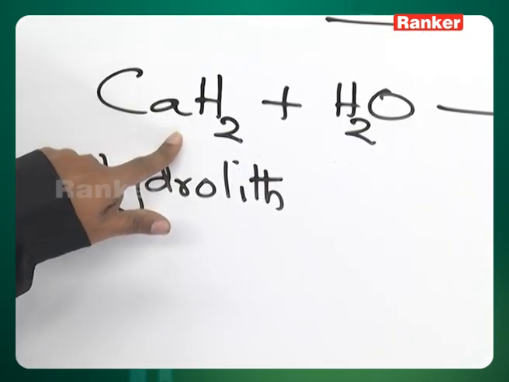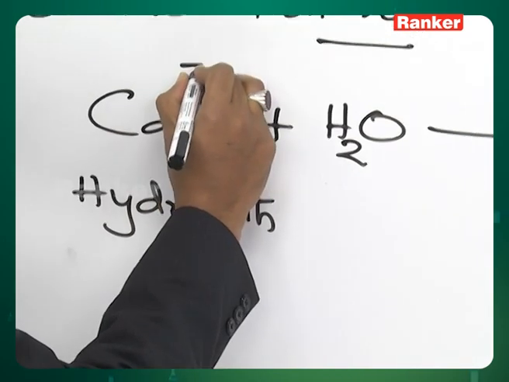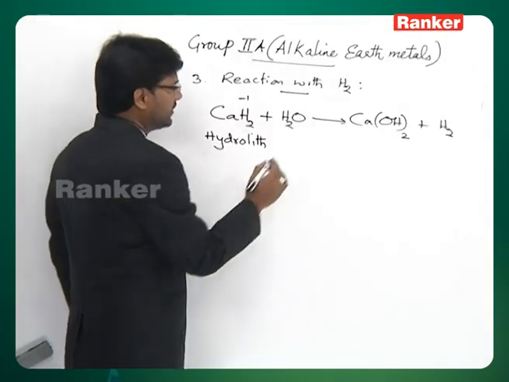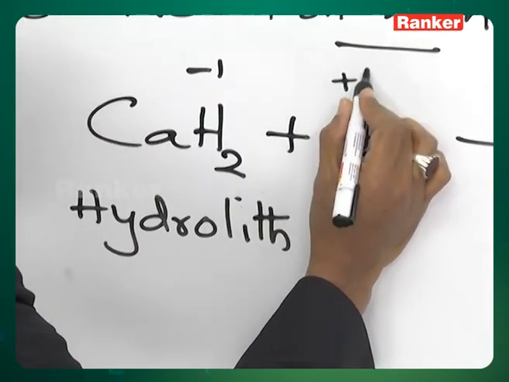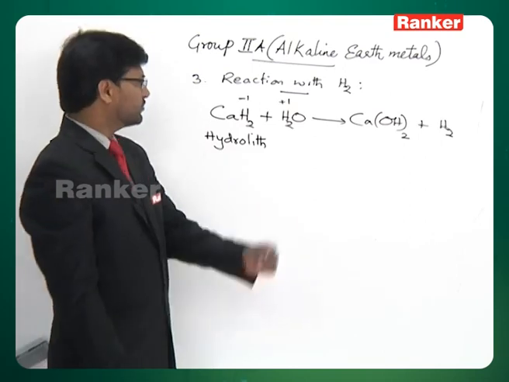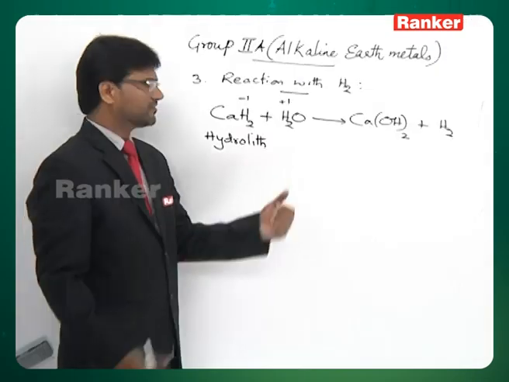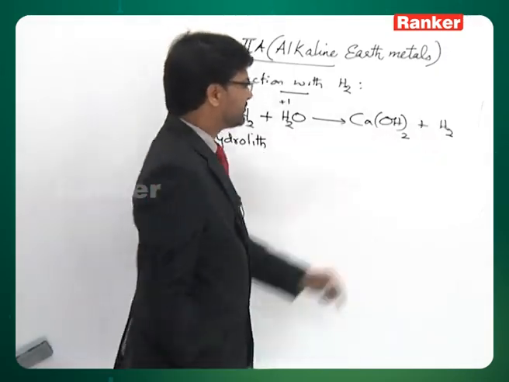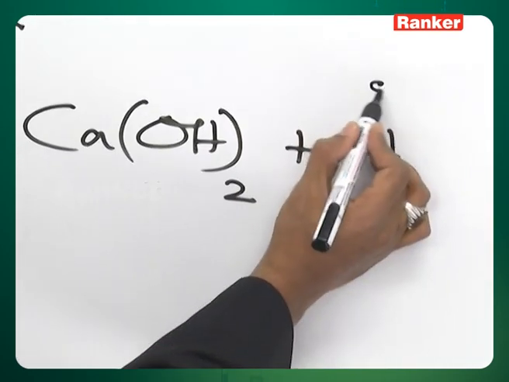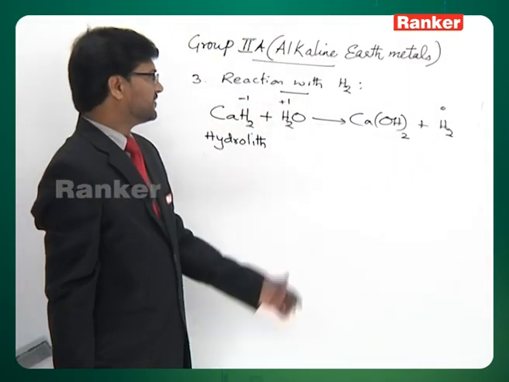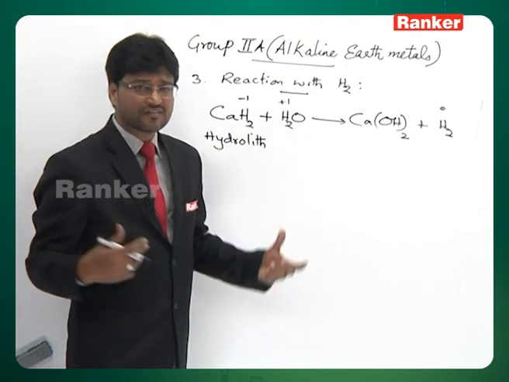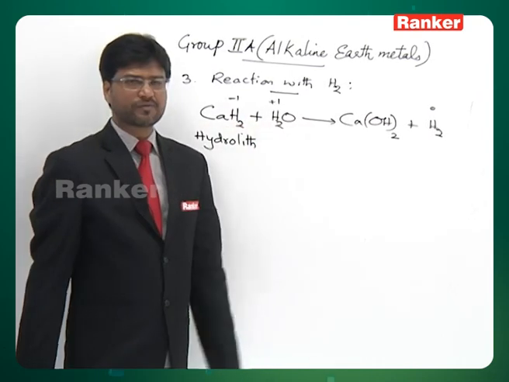In this substance, oxidation state of hydrogen is -1, whereas in this substance, oxidation state of hydrogen is +1. So this -1 hydrogen combines with +1 hydrogen and you get H2, where oxidation state of hydrogen is 0. So this is a case where hydrogen undergoes comproportionation.